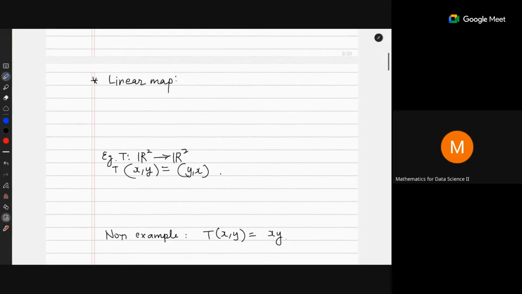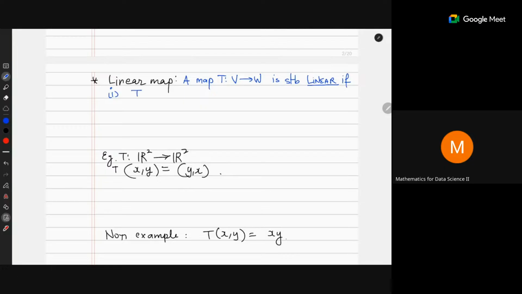Now let's discuss a linear map. What is a linear map? A map from a vector space V to W is said to be linear if it satisfies these two conditions, which are called the linearity conditions.